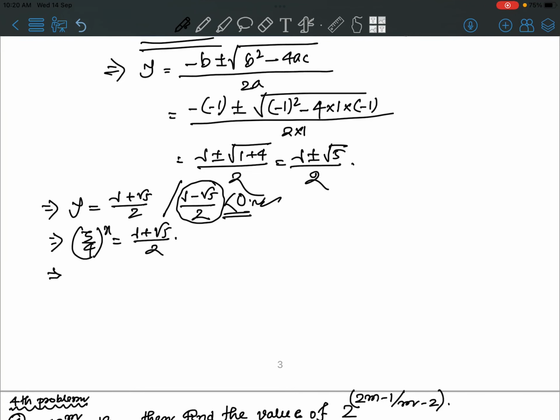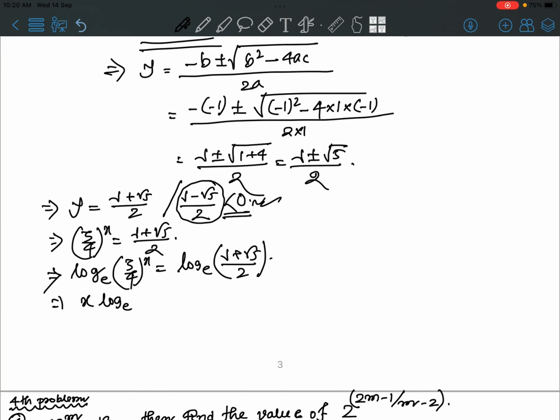Again, to solve this equation, we will take log on both sides, log base e. So log base e of (3/4) to the power x equals log base e of (1 plus root 5) divided by 2. x will come out, then x into log base e of 3/4 equals log base e of (1 plus root 5)/2.